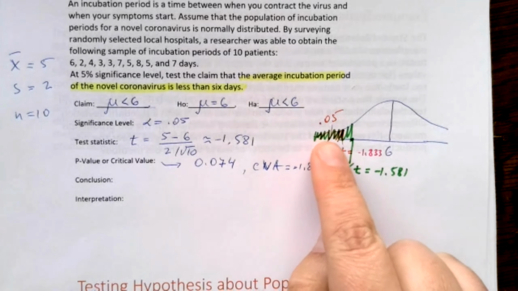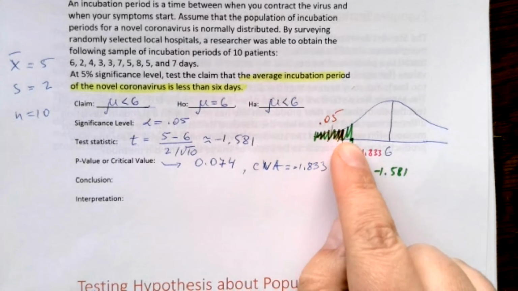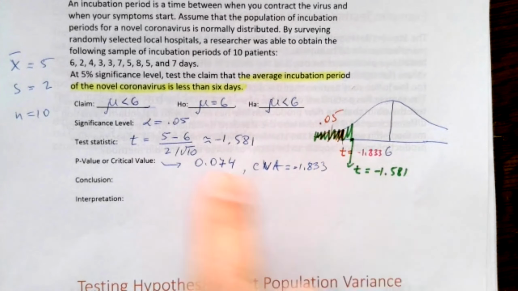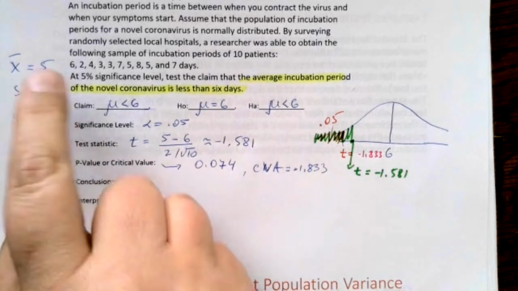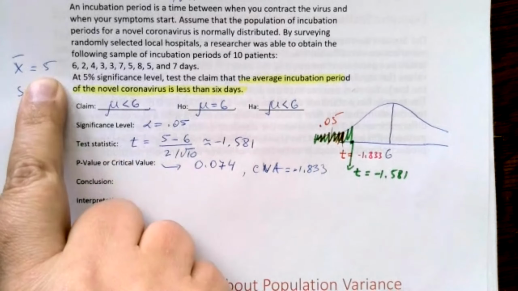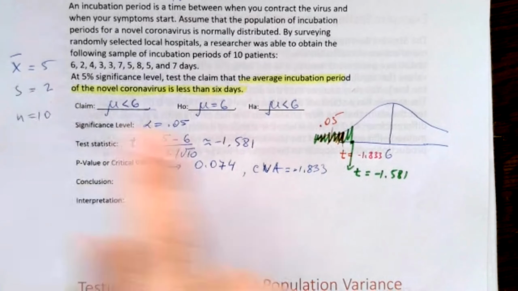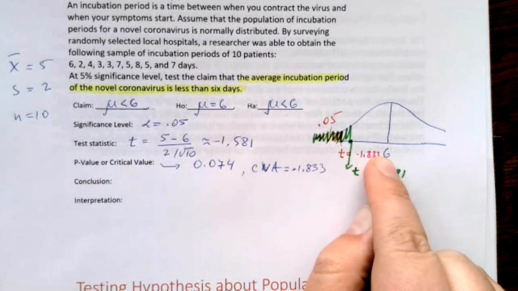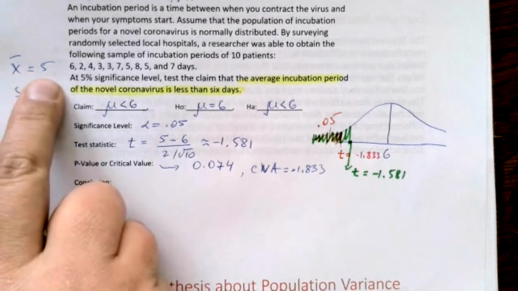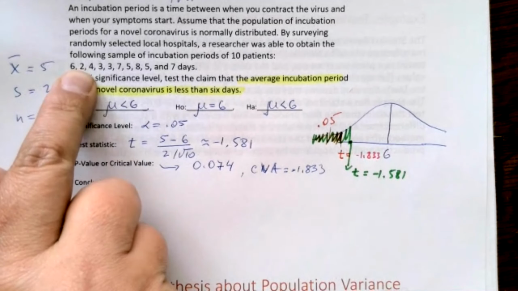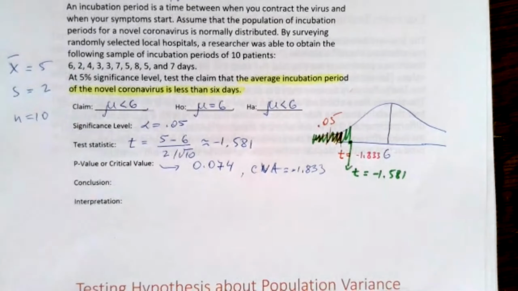That's the probability of this test statistic occurring by chance if the true mean was really 6. Could we get a mean of 5 in a sample of 10? Yes, and the probability of it is not very low. It's actually not an unusual event, is what we got from this all.